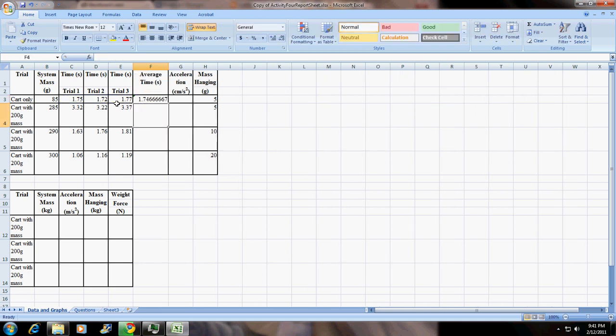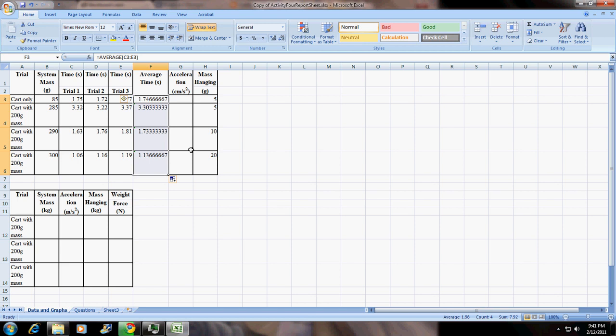So that gives me the average time. Then, of course, to fill it in with all of the data values, I click in the corner and it should become a black plus. If I hold that, left click it and drag it down, then it copies that formula into all of those cells, which is great.